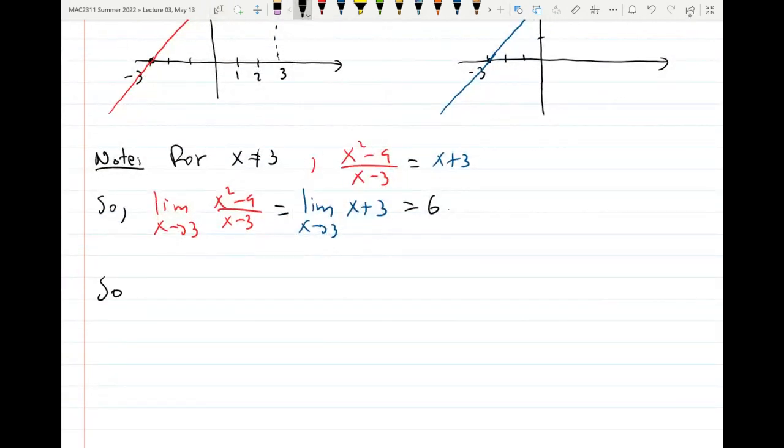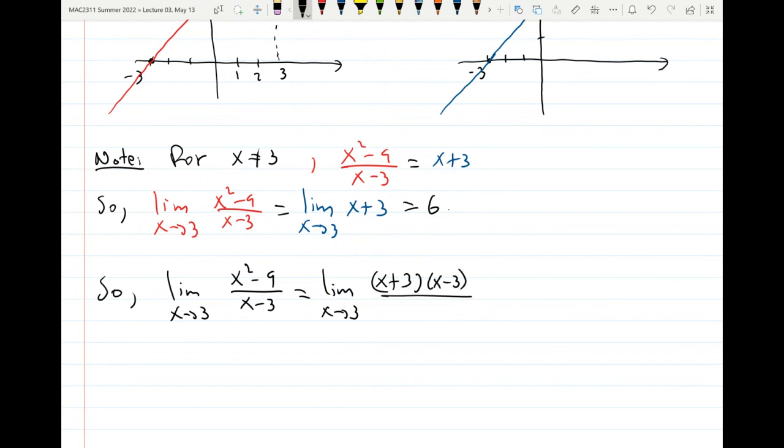So that means that if you wanted to compute this limit, now we don't have to be graphing anymore. You can just use the property. You can just say, okay, I can factor the top, like your classmate pointed out last time, and then say, okay, look, I can simplify these two guys. Now, by doing so, I'm going to obtain a new function, namely the function x plus 3, and I would like to take the limit of this function.